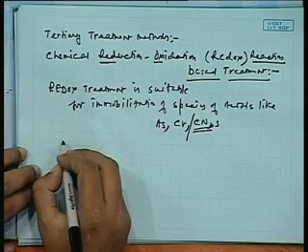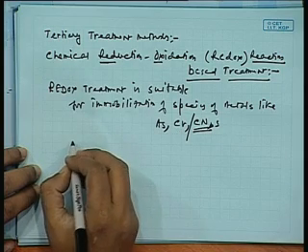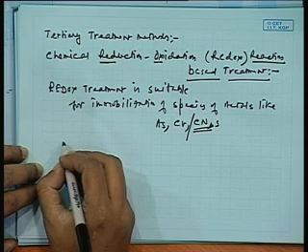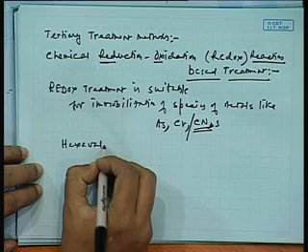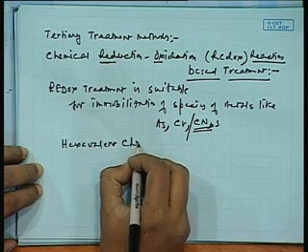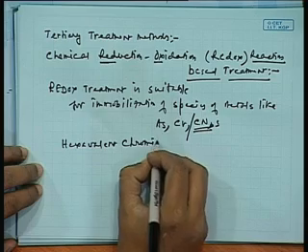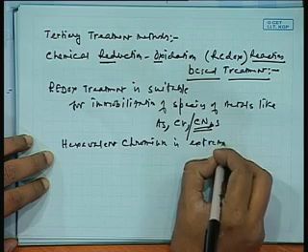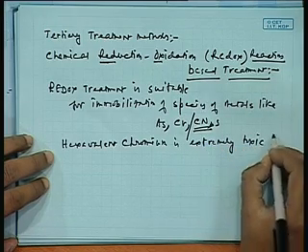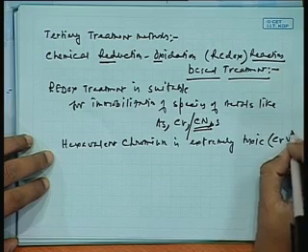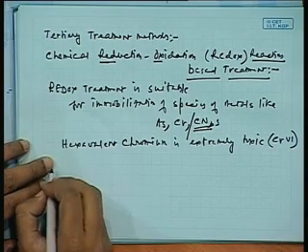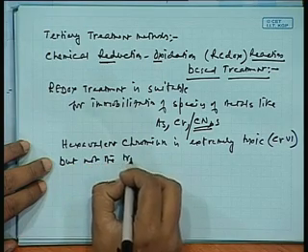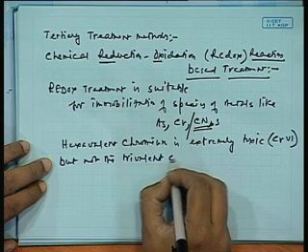But remember one thing here: it is the hexavalent chromium, chromium 6, that is extremely toxic, but not the trivalent chromium.